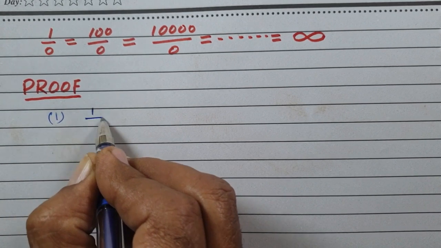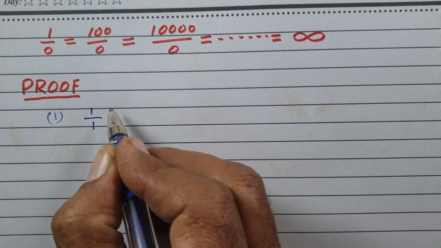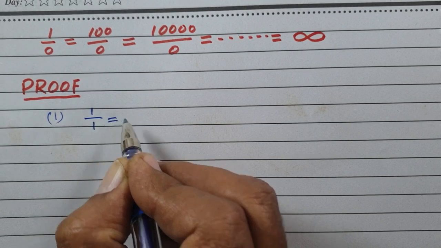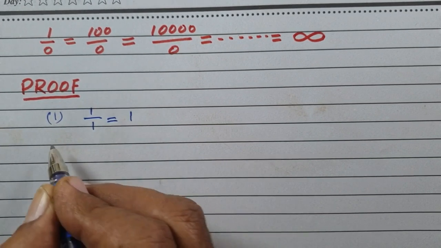First of all, we take 1 divided by 1. It is 1.